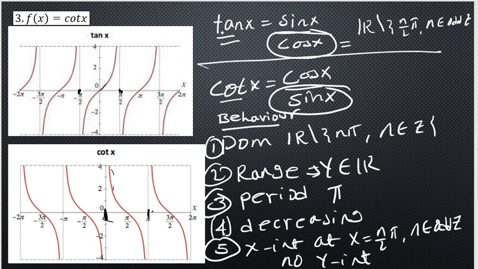The reason is that for tangent, the denominator is cosine. So the cosine zero points are undefined or vertical asymptotes for tangent. But when we are discussing cotangent, the domain is real numbers, but without the zero points of sine. The sine zero points are n pi in general. Those points are vertical asymptotes. So these are some general behaviors and properties of the cotangent function.